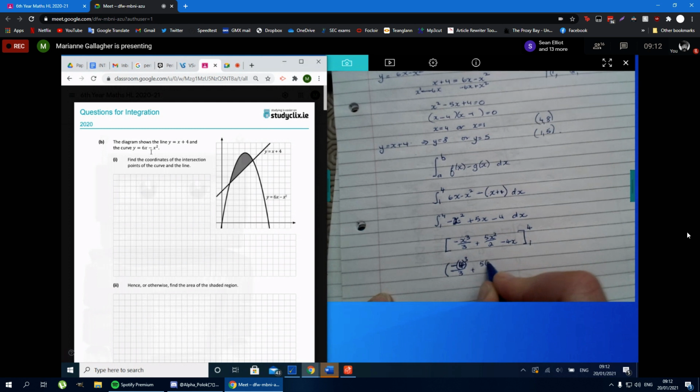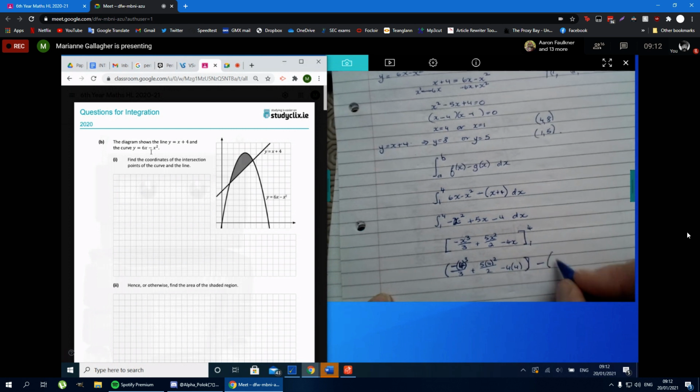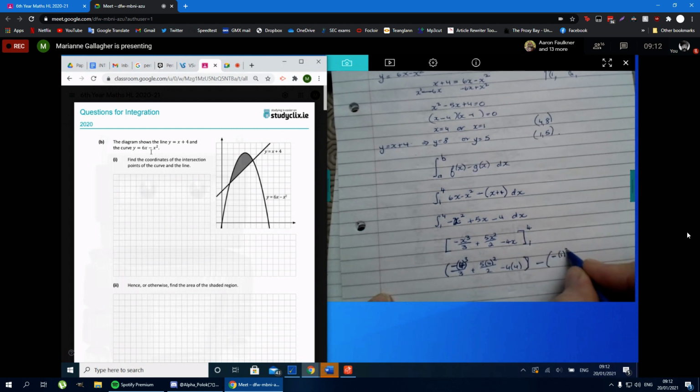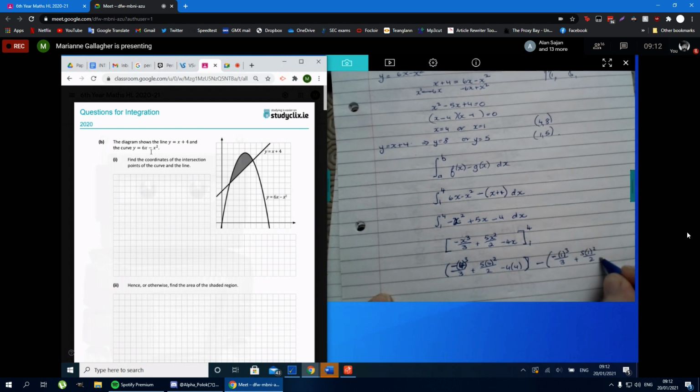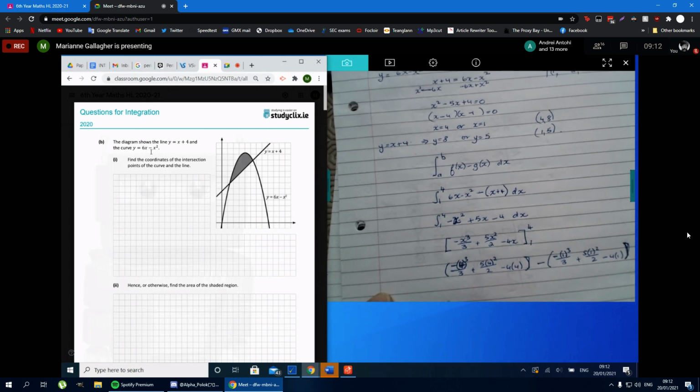Plus 5 times 4 squared, minus 4 times 4, minus, in brackets, 1 cubed over 3 plus 5 times 1 squared over 2 minus 4 times 1. Obviously with the 1, it's all going to be just 1 anyway.